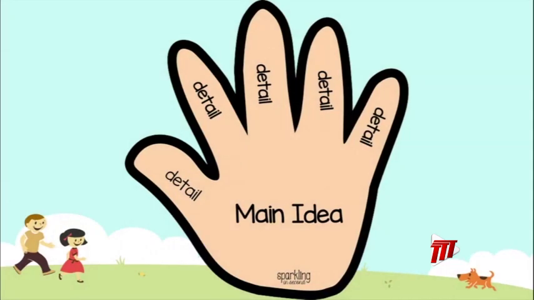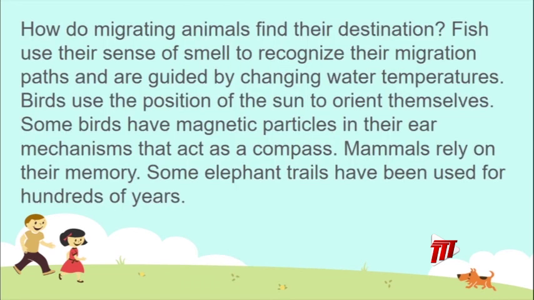So let's remember again, main idea is the biggest idea, and then we have many supporting details that support that one big idea. You read this paragraph with me now. Let's read. How do migrating animals find their destination? Fish use their sense of smell to recognize their migration paths and are guided by changing water temperatures.